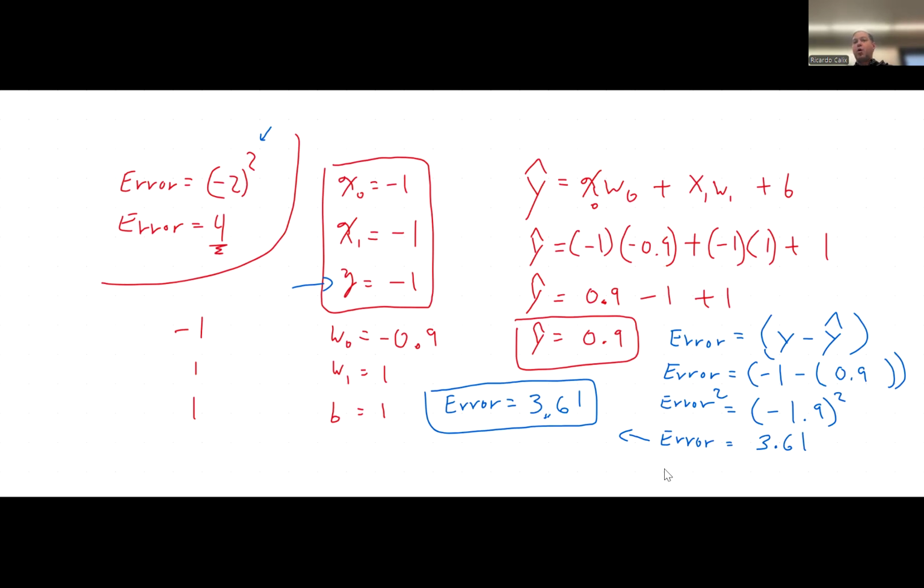So notice that all of this happened in relation to this error formula, right? I went from 1 to 4, and then from minus 0.9 to 3.61. So I'm able to plot through this equation that relationship. And that was consistent. So now think of it intuitively.